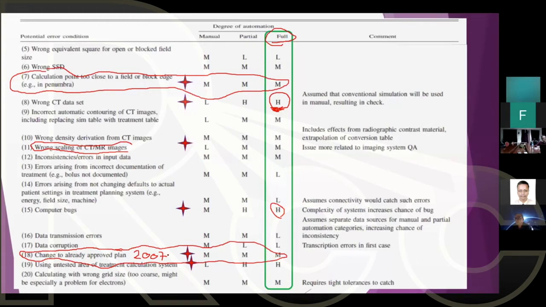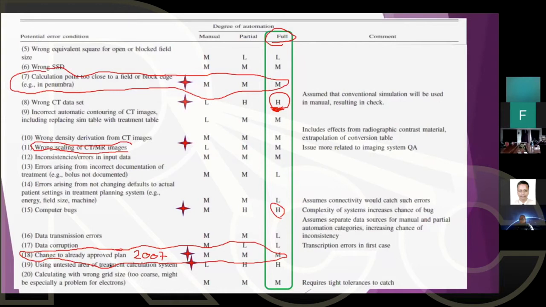The new plan was delivered for, I think, 3 fractions before the physicist did plan QA. By that time, they realized that the monitor units of the IMRT plan were being delivered, but the MLCs were not moving. This was a head and neck patient. In about 3 fractions, the patient received a lethal dose to the cervical spine, developed quadriplegia, and later passed away.